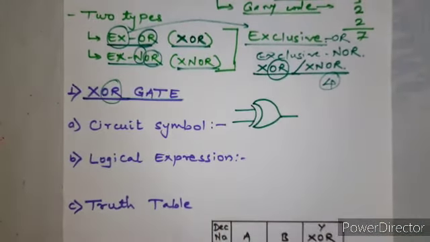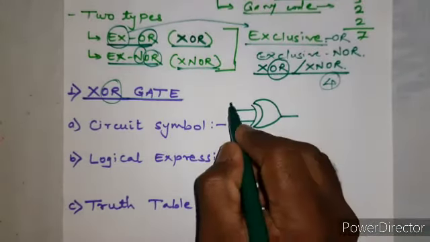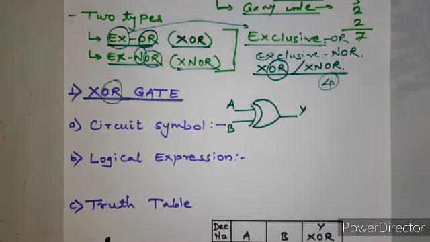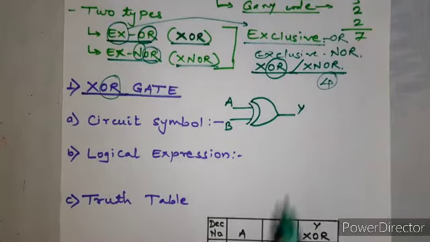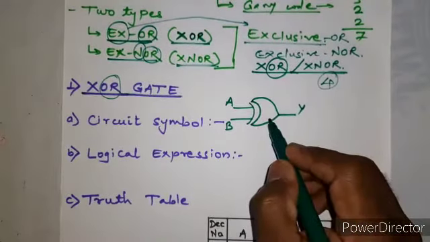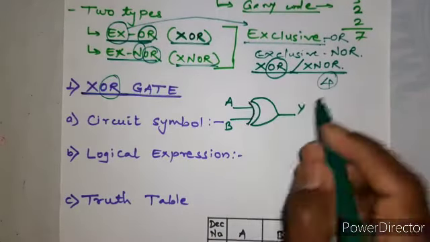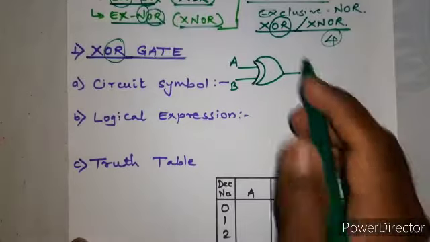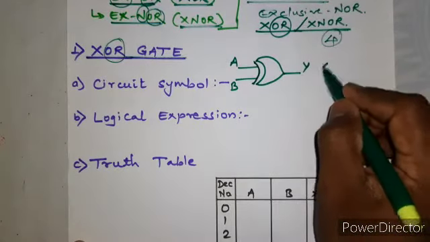With 2 inputs, A and B, and output Y, this is how the XOR gate is represented. You have to remember this circuit symbol. If you encounter something like this in your circuit, simply it is an XOR gate.